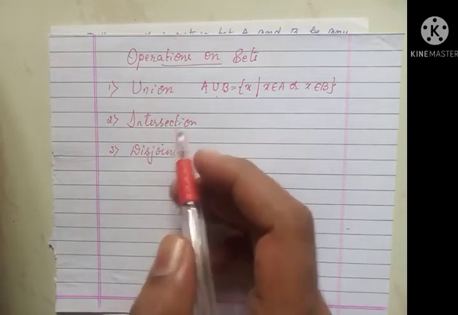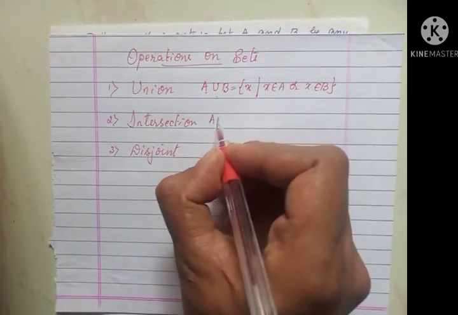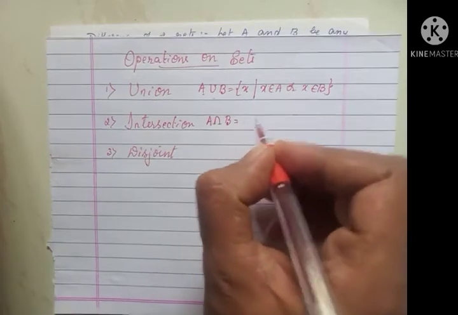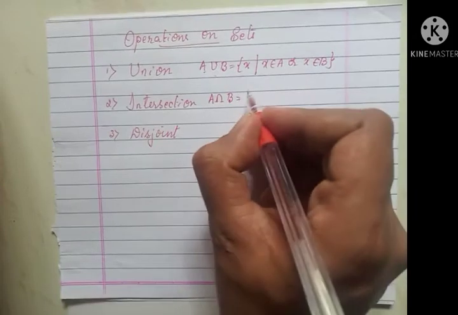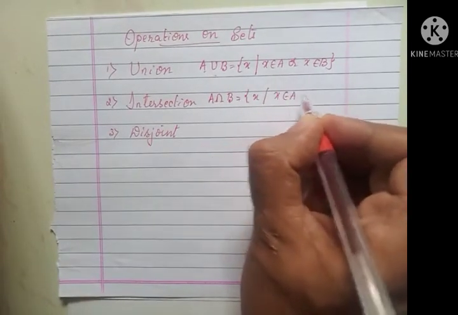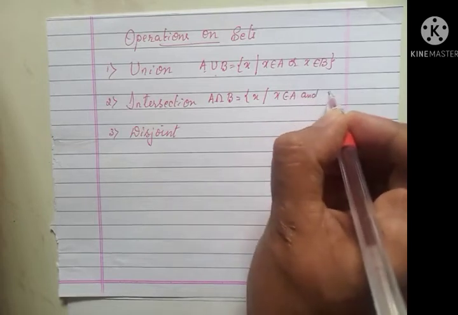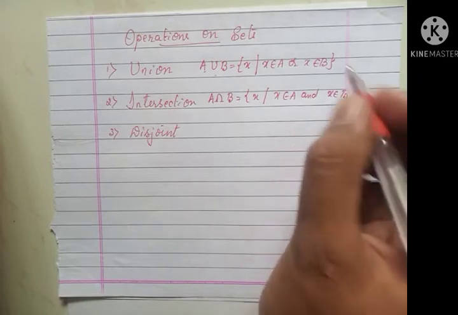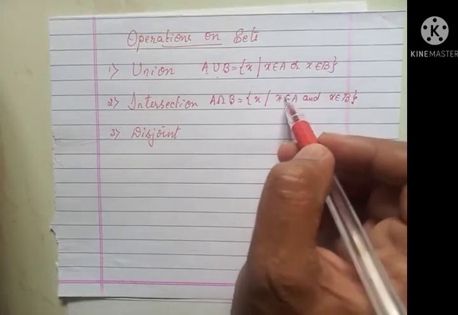Next one is the intersection. Symbolically we write the intersection of two sets A and B like this. This is the collection of all x such that x belongs to A and x belongs to B. That means you have to write the common elements. There is a difference between union and intersection.